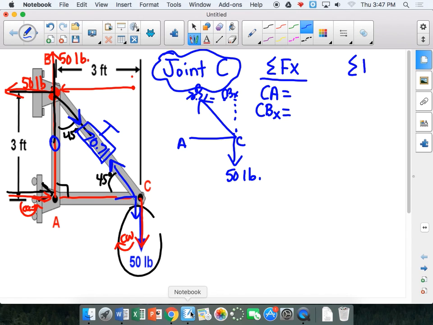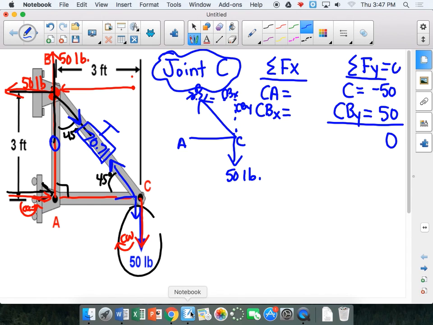Our forces in the y direction are joint C had a negative 50 pounds, and then CB in the y direction. And that would be this leg over here, CB in the y direction. So real easy to find CB in the y direction. That's going to be positive 50, and that equals 0 because the sum of those have to equal 0.